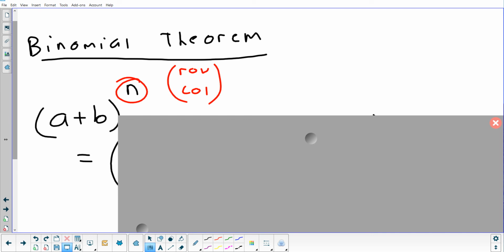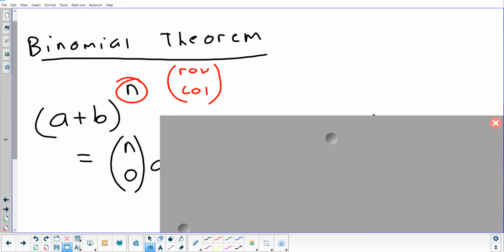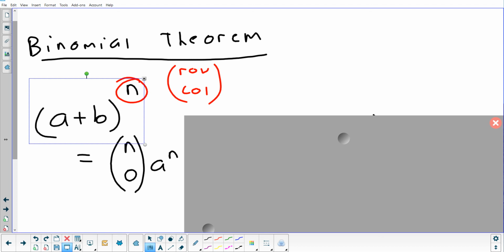What's the first column you always start with? 0. So to get the first coefficient in this expansion, you go to the row you need to, and you start with column 0. And you're going to have a to what power? N. A to the highest power. What about b? 0. B's not there yet.